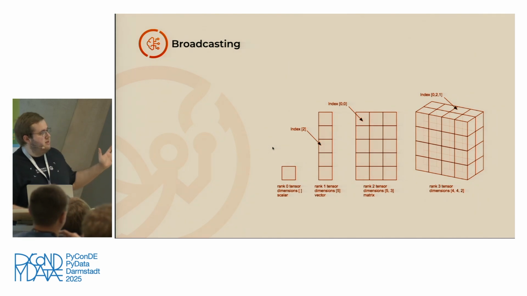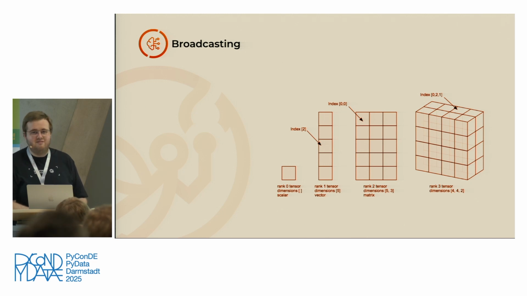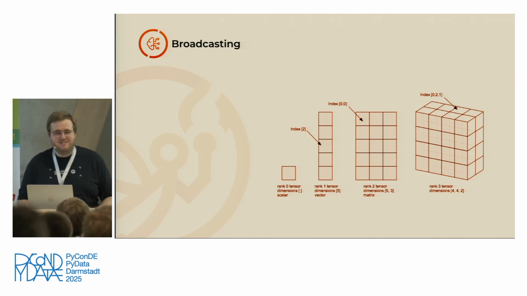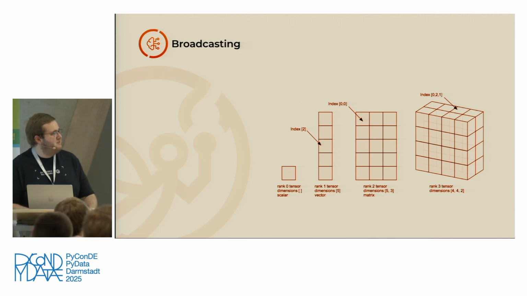So usually in deep learning, we work with tensors. And I know physicists don't really like it, but computer scientists say that tensors are just multidimensional arrays, which is probably true for our needs. And a tensor could be of different ranks.